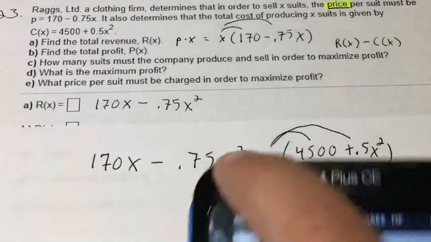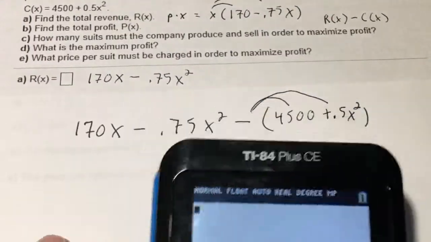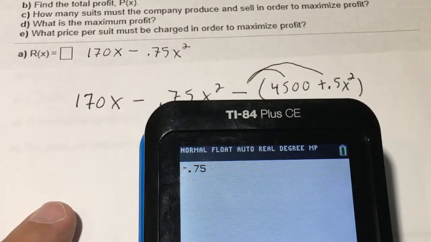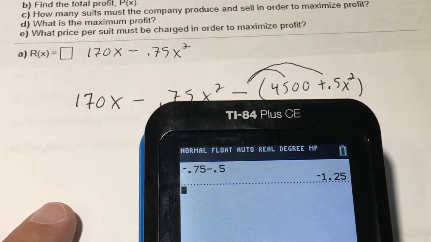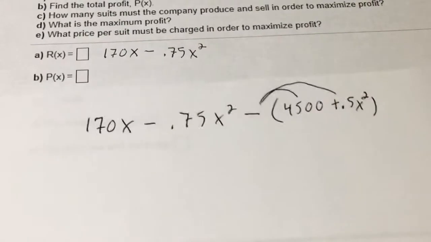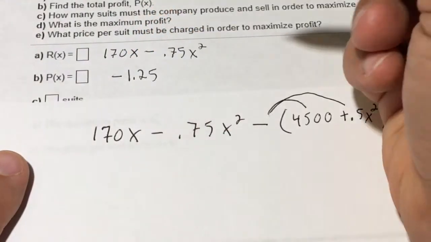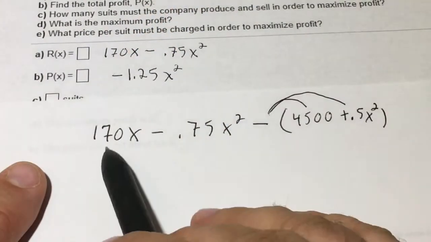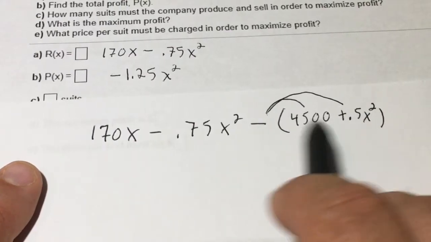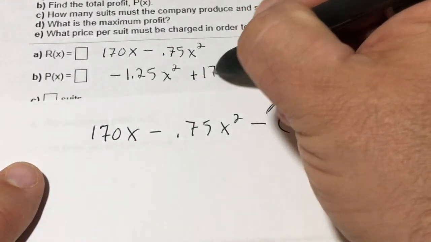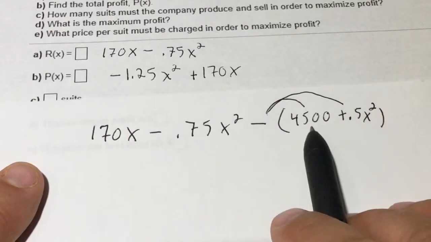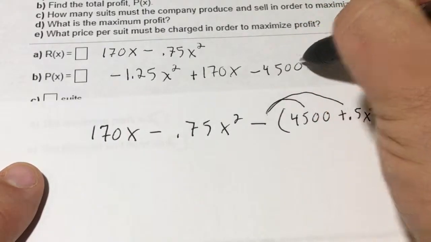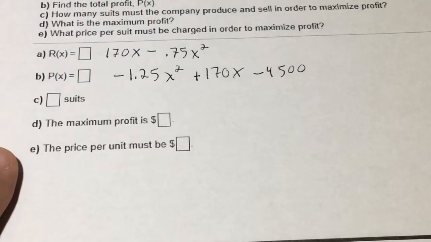So I'm going to have to do negative 0.75 minus 0.5, and that's going to give me negative 1.25x squared. 170 doesn't subtract anything. There are no other like terms, so it's going to be plus 170x, and then I have to subtract the 4,500, and that's the profit function.